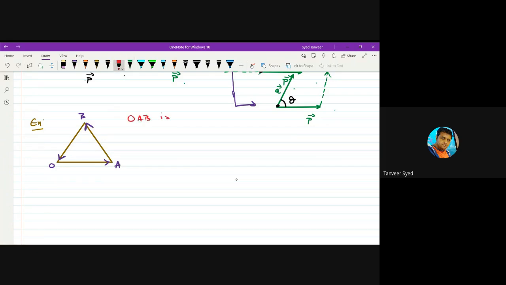OAB is an equilateral triangle formed by vectors OA, AB, and BO.